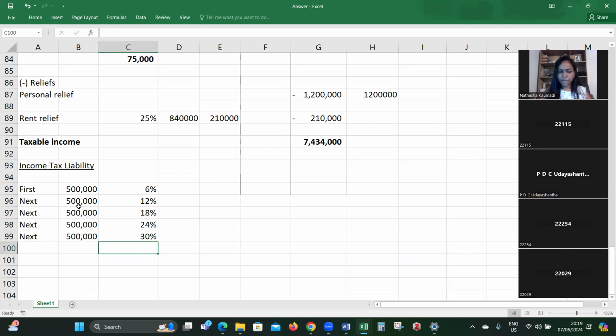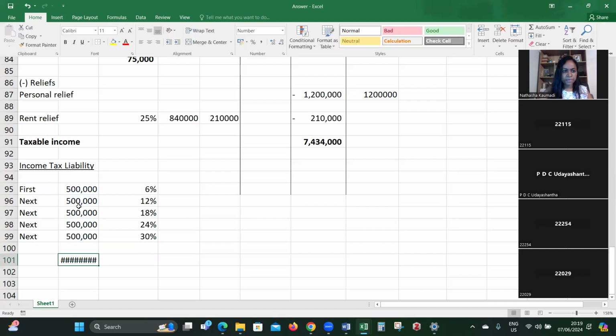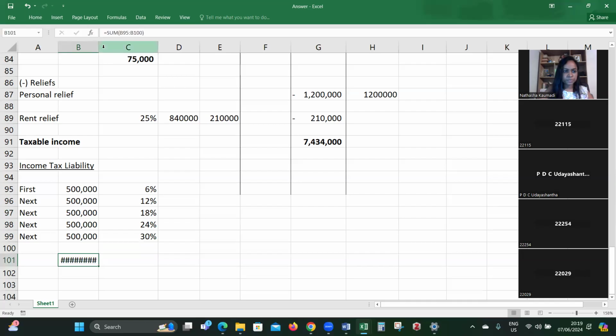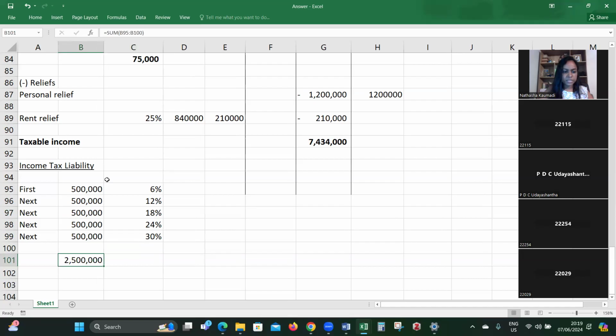Now we have only one slab left, that is the balance. Still we have taken 2.5 million. We have 7.4 million taxable income.